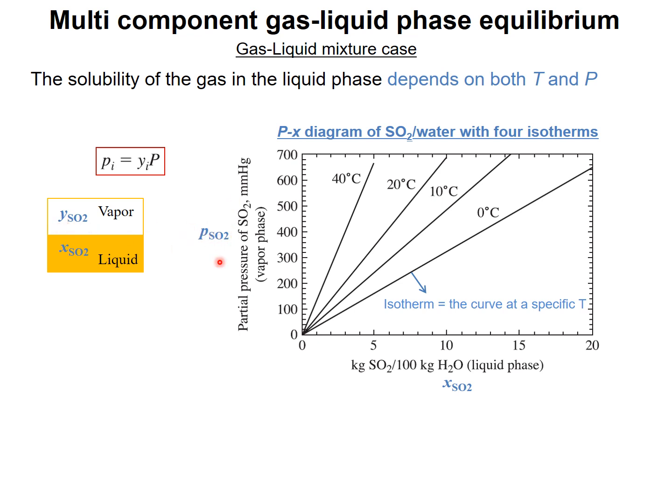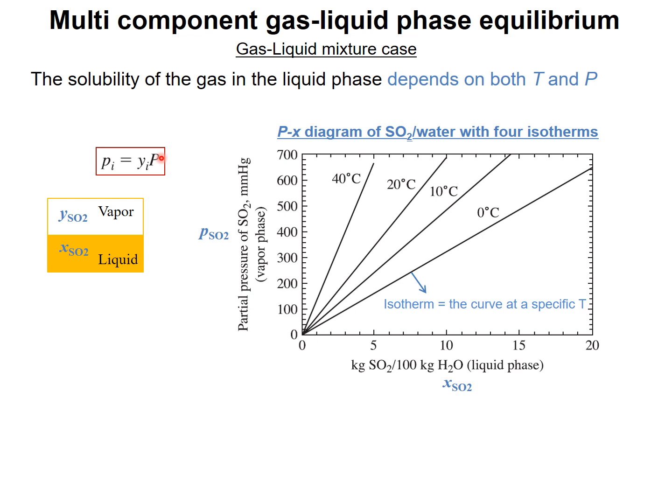Instead, we have used the partial pressure of SO2. This partial pressure is easily converted to the composition of SO2, actually the mole fraction of SO2, by using this partial pressure equation. Partial pressure is the product of the mole fraction of the corresponding species with the total pressure.